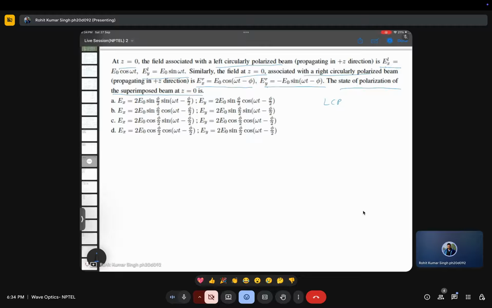Okay, I see, x with x and y with y. So for x, you add this plus this, and for y, this plus this. It's a mathematical calculation.